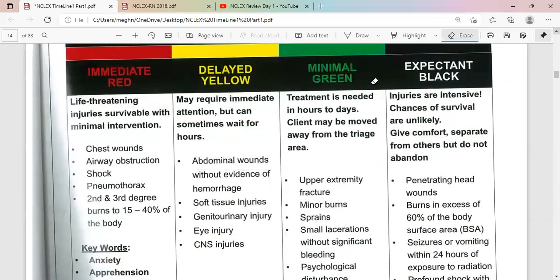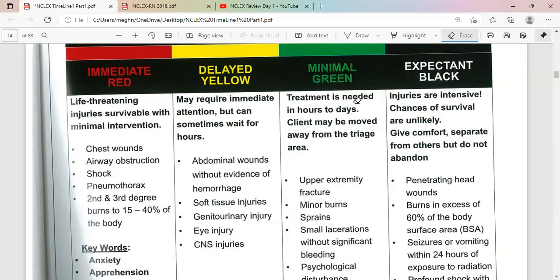We have to evaluate. The yellow means a little bit of delay is okay. So may require immediate attention, but can sometimes wait for an hour. Like abdominal wound without evidence of hemorrhage, soft tissue injuries, also genitourinary injuries, eye injuries, central nervous system injuries.